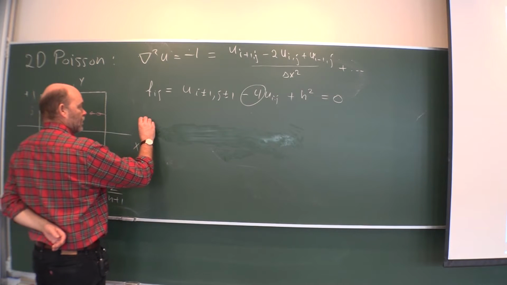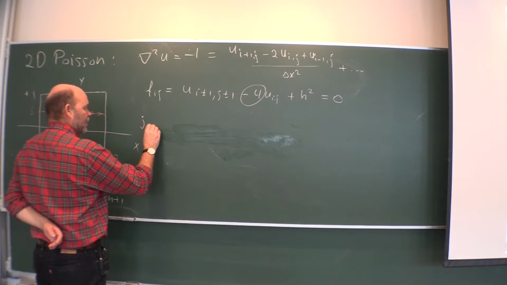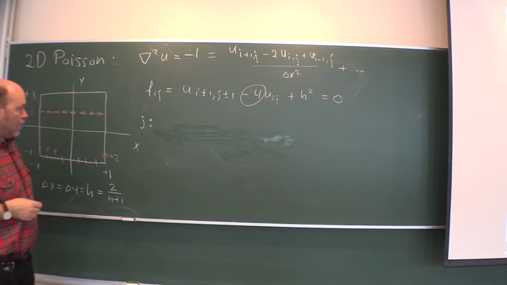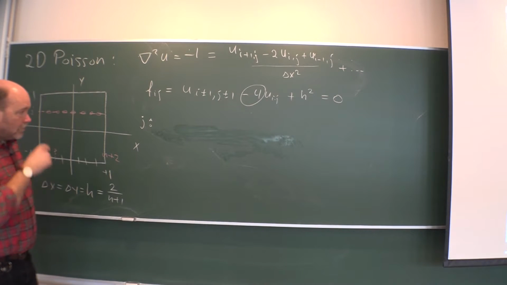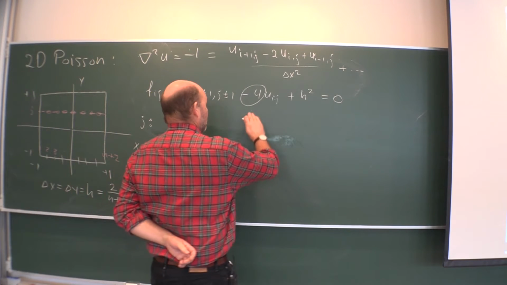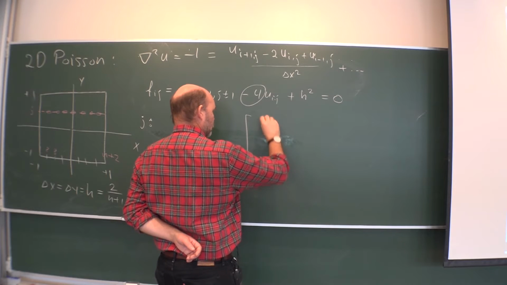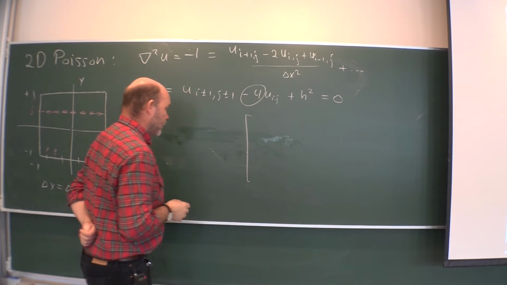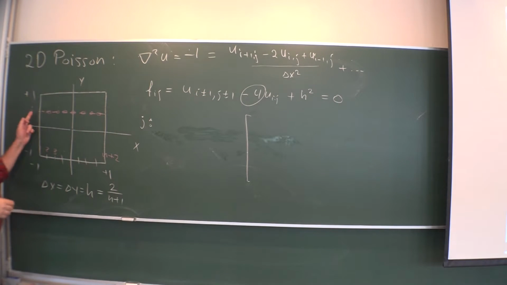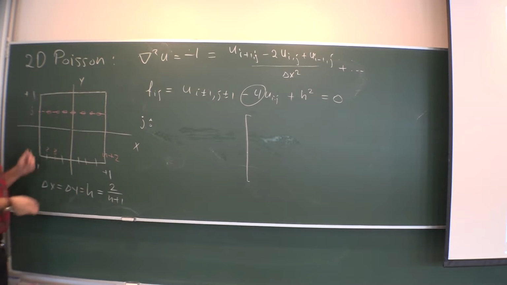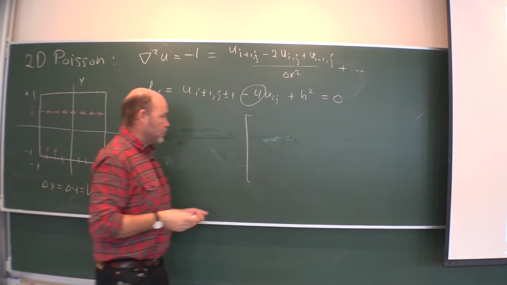So for a J line, how should the equation system now read? Well, you have your unknowns. What are your unknowns? Well, for an arbitrary line J, my unknowns will be from I equals 2 all the way up to n plus 1.